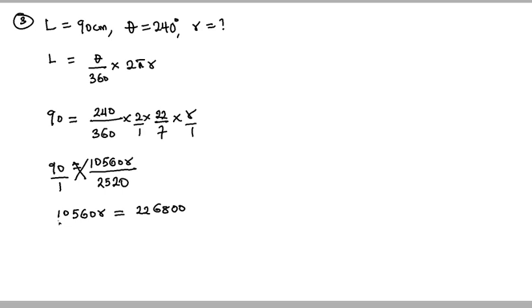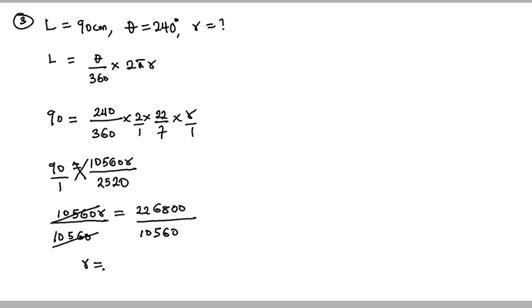To get my R, I will have to divide both sides by 10,560. So 10,560 will cancel out here.